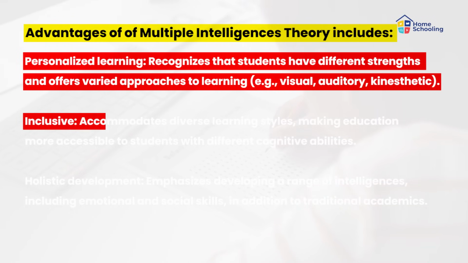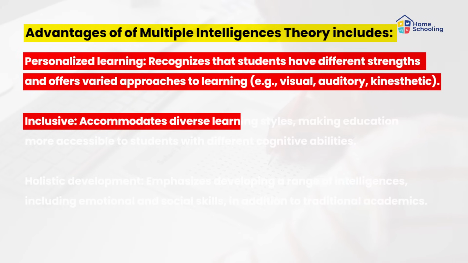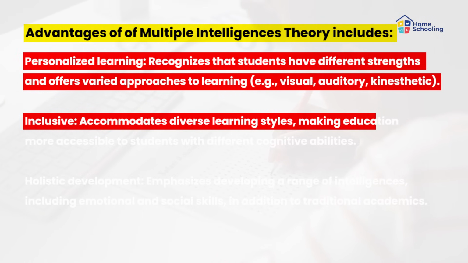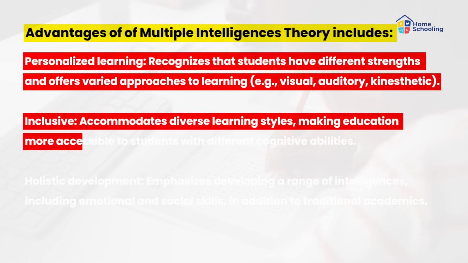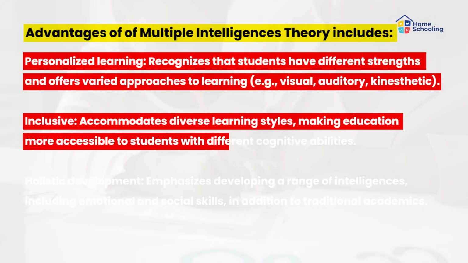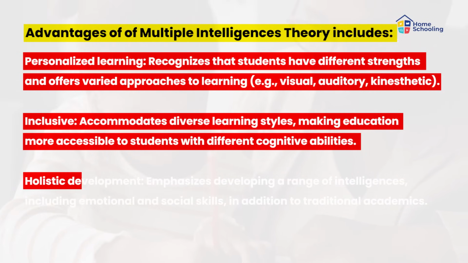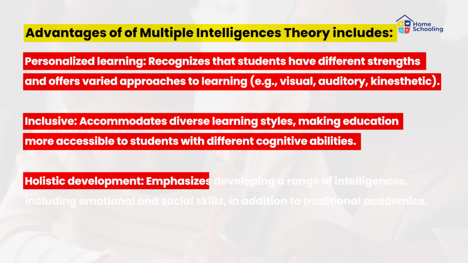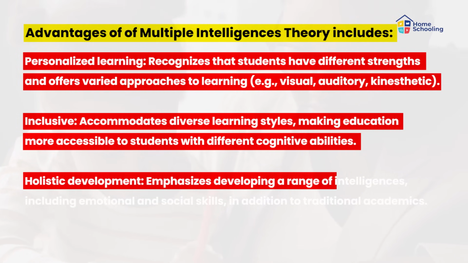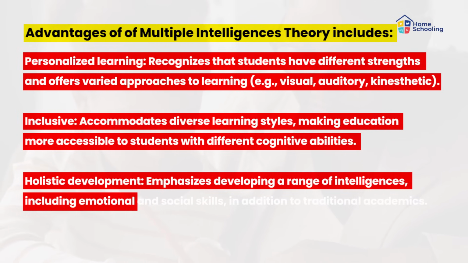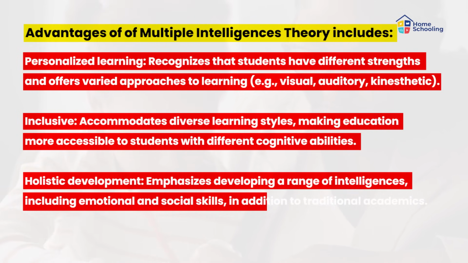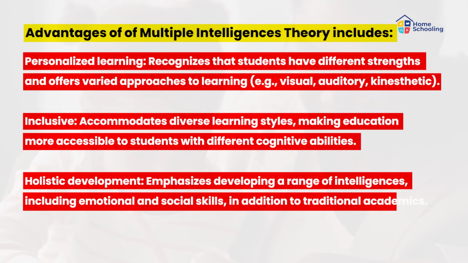Inclusive, it accommodates diverse learning styles, making education more accessible to students with different cognitive abilities. Holistic development emphasizes developing a range of intelligences, including emotional and social skills, in addition to traditional academics.